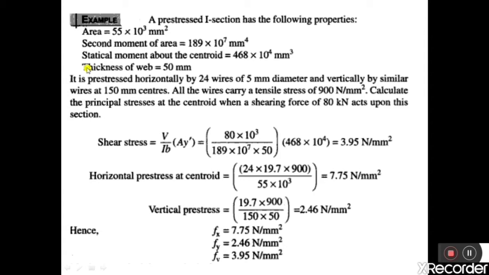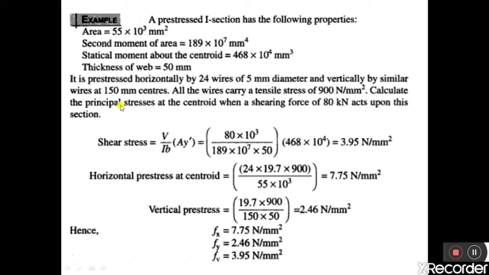Since it is an I section, the thickness of the web is given, which is 50 mm. The section is prestressed horizontally by 24 wires and the diameter of each wire is 5 millimeter, and the member is also subjected to vertical prestressing.